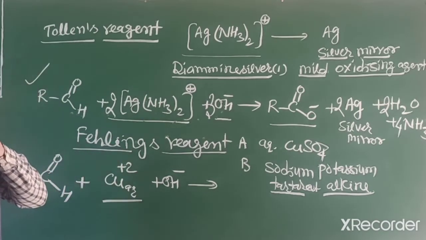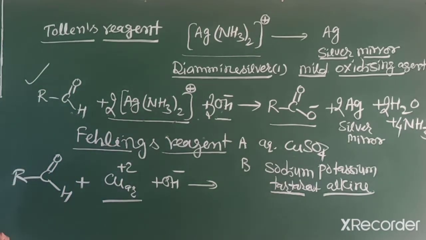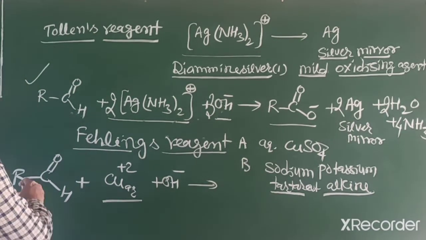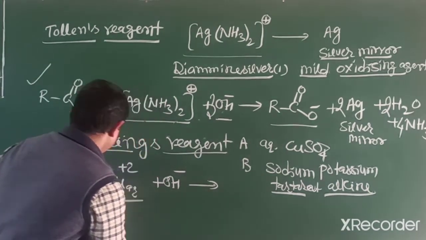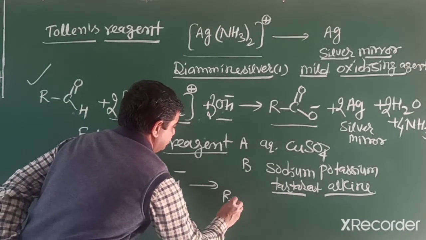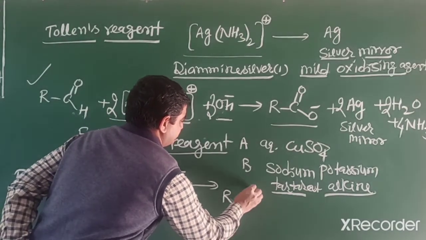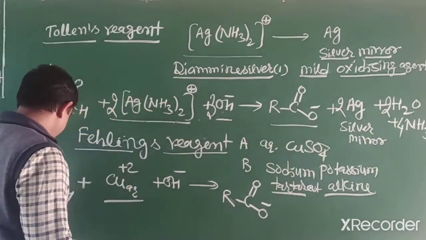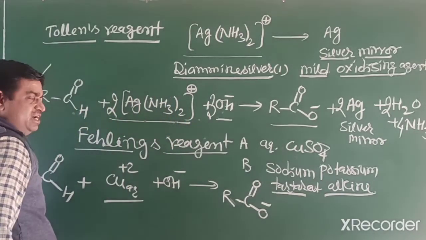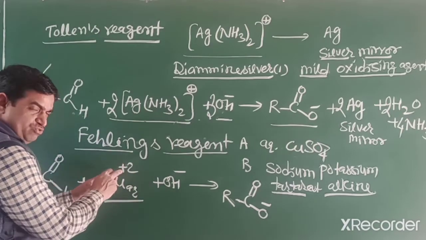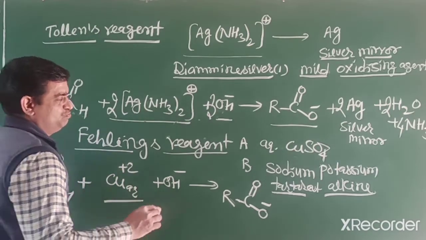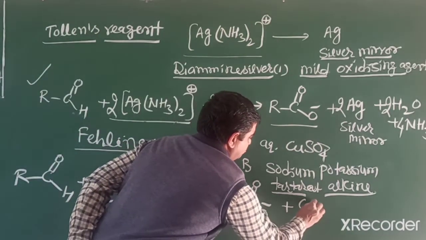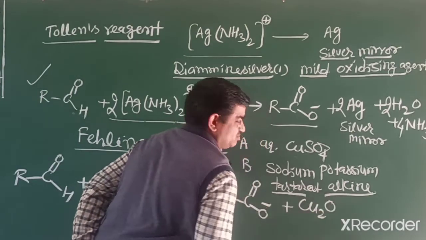Why? Ketones are stable compounds. They do not oxidize easily. So aldehyde is converted to the corresponding carboxylic acid salt, because the medium is alkaline. And now copper +2 changes into cuprous oxide, +1.